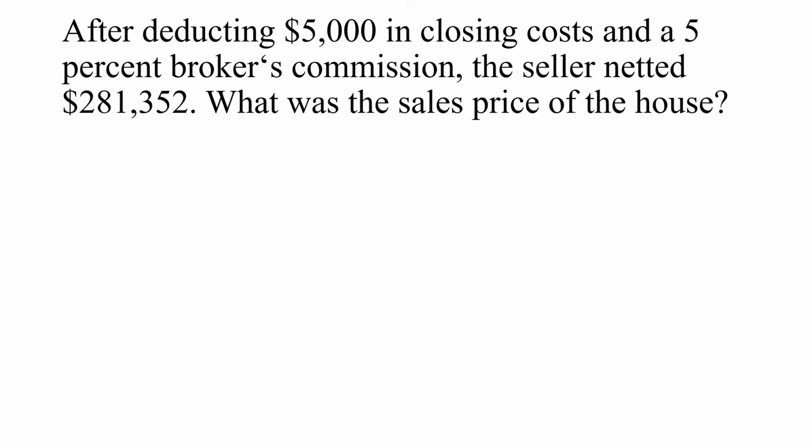After deducting $5,000 in closing costs and a 5% broker's commission, the seller netted $281,352. What was the sales price of the house? So let's start by taking the sales price and adding in the closing costs.